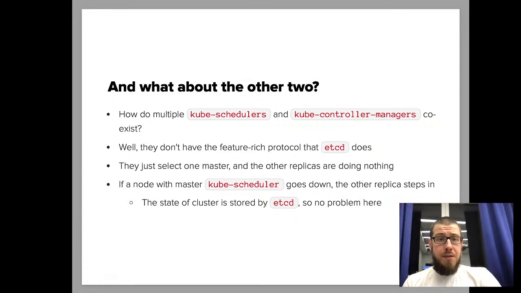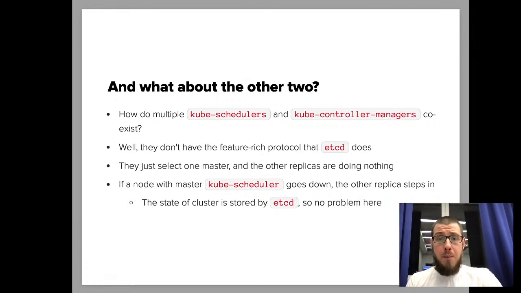There is nothing to lose here, because the scheduler or controller manager operates on the data they receive from etcd. So they do not store the state themselves. All the state of the cluster is stored by etcd.